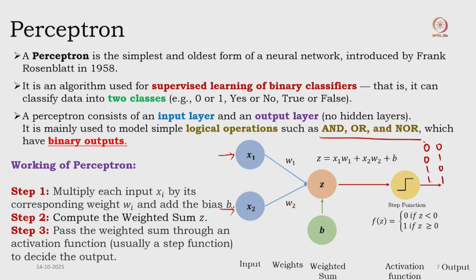Since you have two inputs, there are two neurons, x1 and x2. If you consider it as an AND gate, 0 0 gives 0, and 1 1 gives 1. Since the output is either 0 or 1, we will have only one neuron at the output layer.